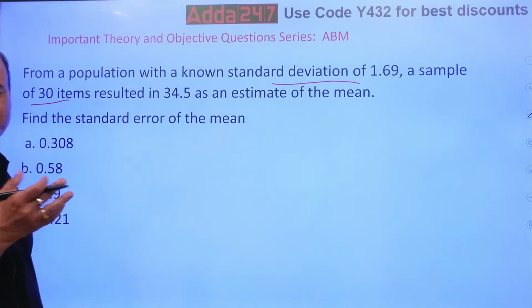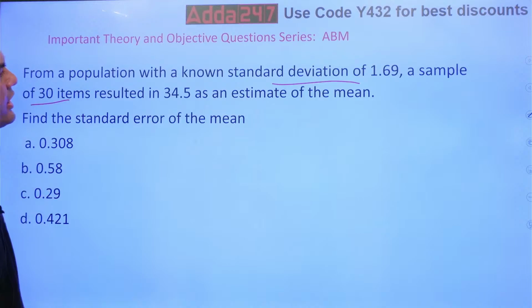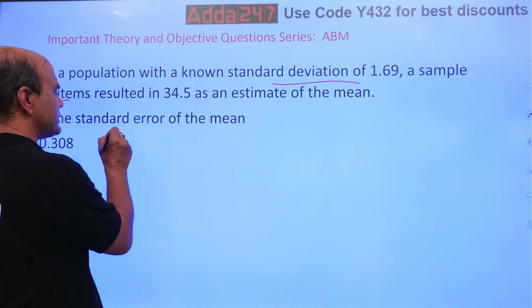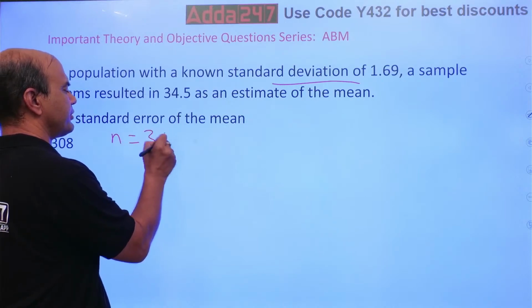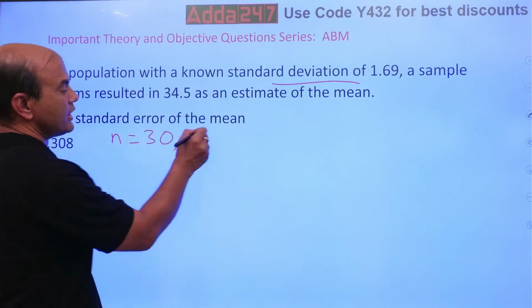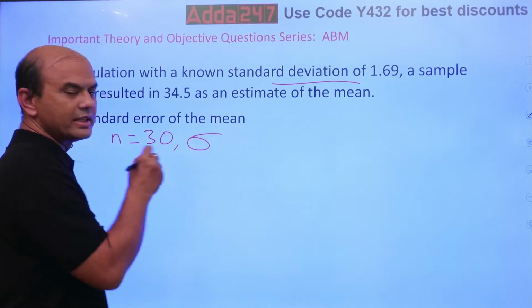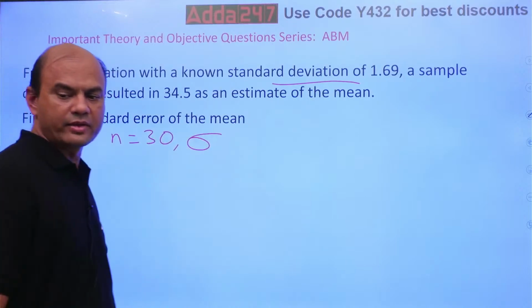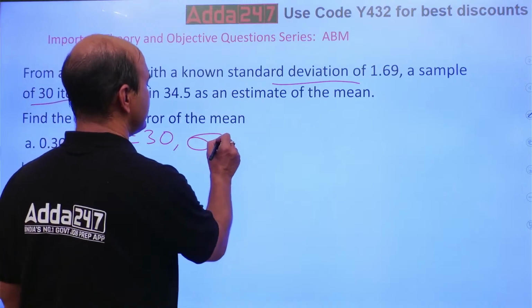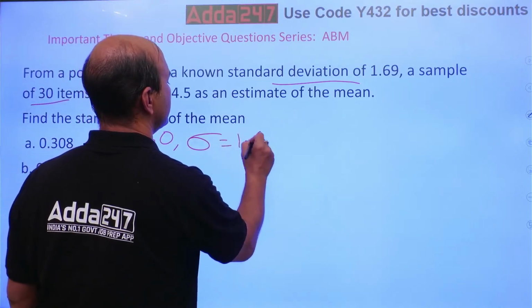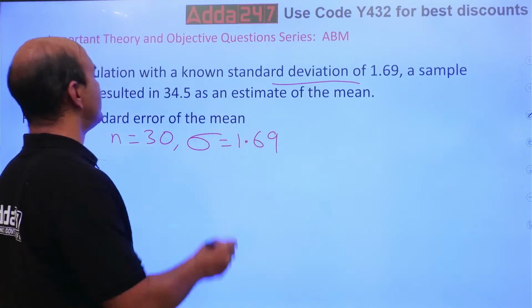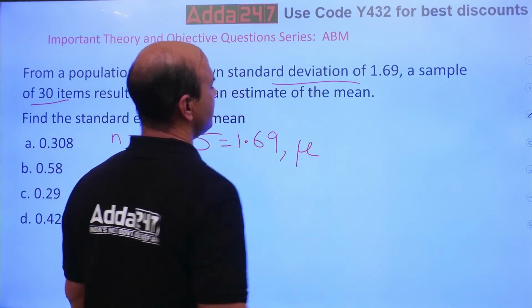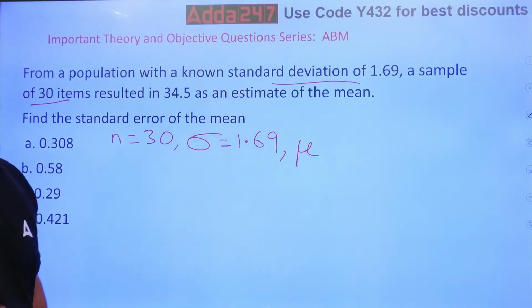Now let's write this one by one. n means number of samples, so n equals 30. Standard deviation is known as psi, written like this. This is the Greek alphabet. Psi equals 1.69.